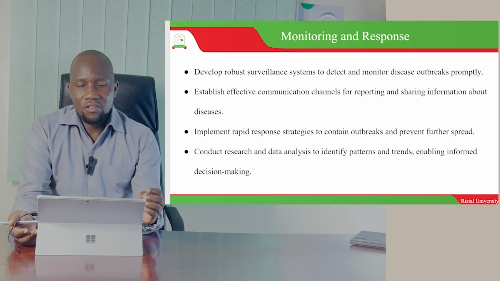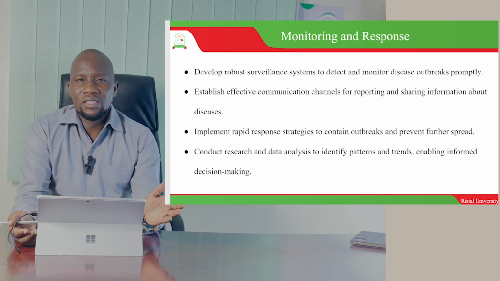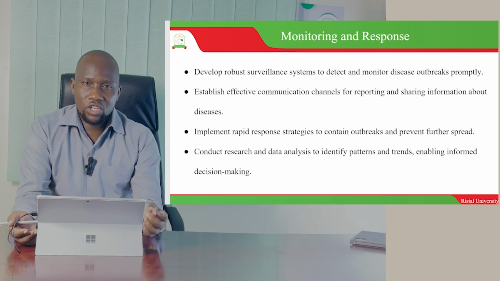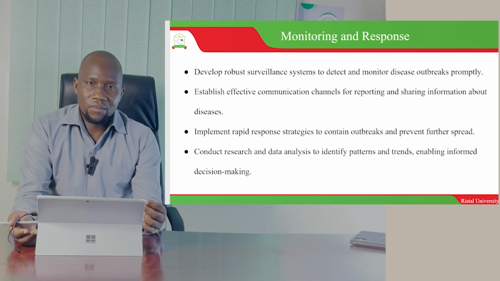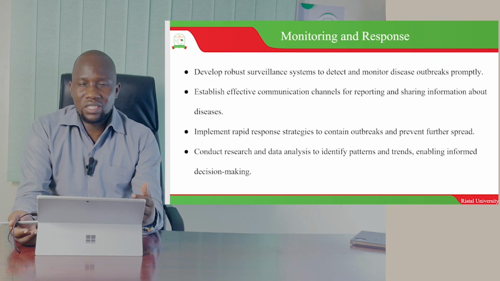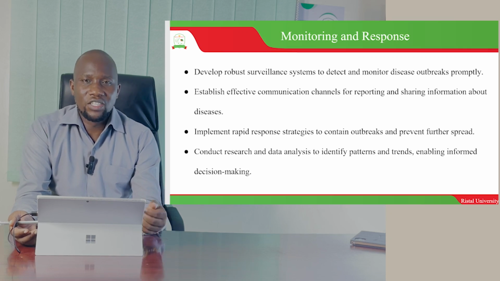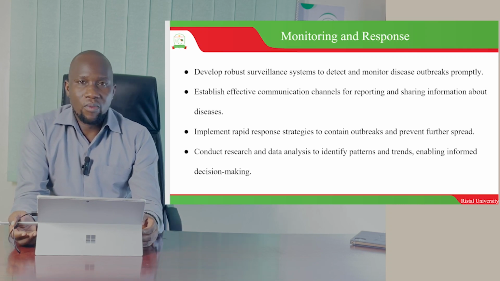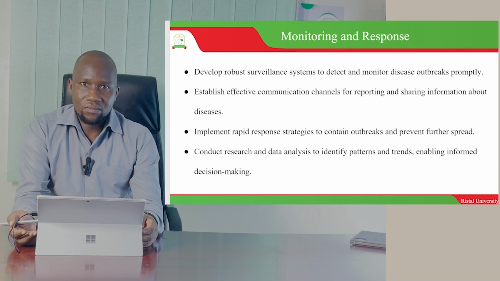If there are outbreaks, then the response team has to run into action to make sure that interventions are put in place. Conducting research and improving these interventions are also some of the things that can be done by the public health team.